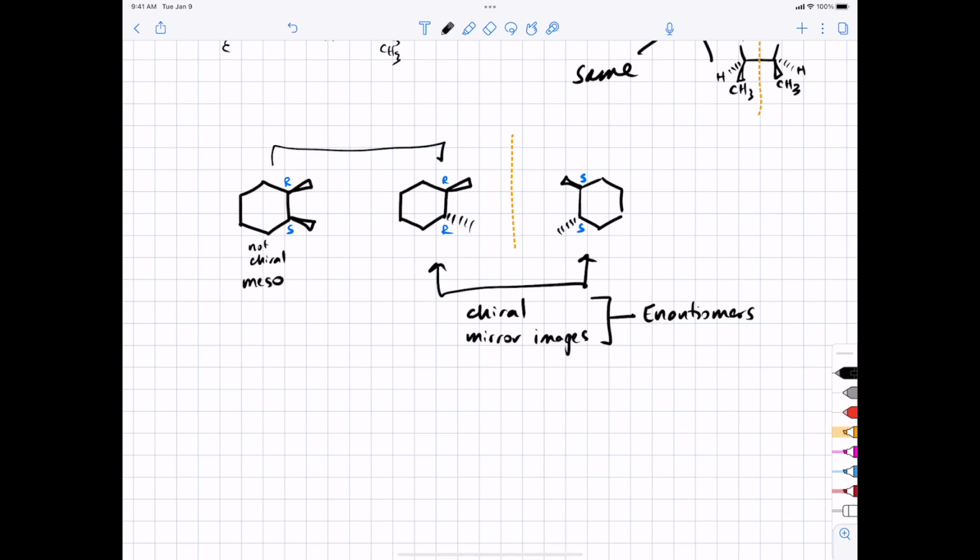So these two are diastereomers, and these two are also diastereomers. These two are enantiomers. All right? So a diastereomer is simply a stereoisomer that is not an enantiomer.